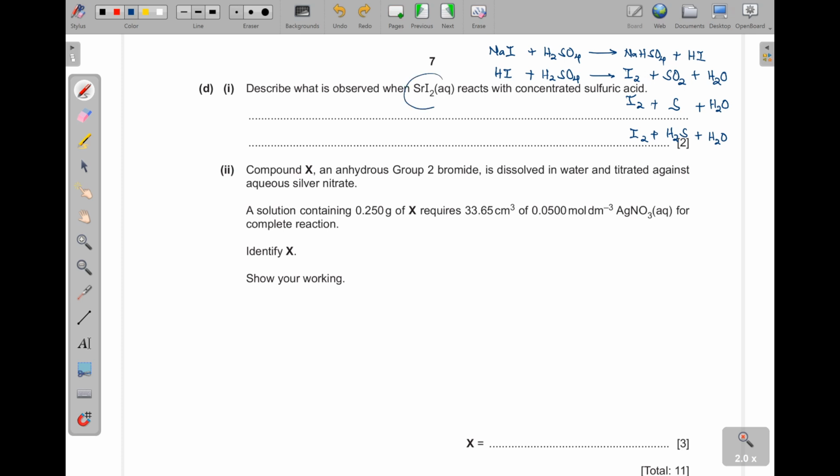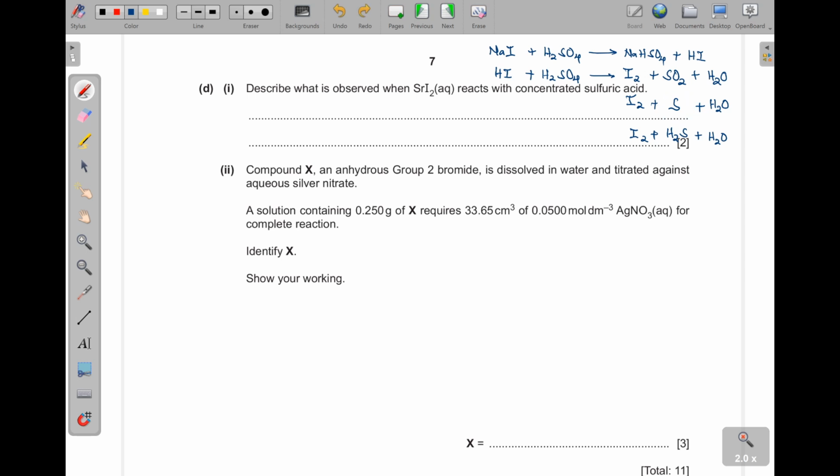So it is the same thing here because this one is in solution there. The iodide ions are there. So they are broken down. So it is going to be the same process here. So now these are our products. So we are going to give the observations based on these ones here.